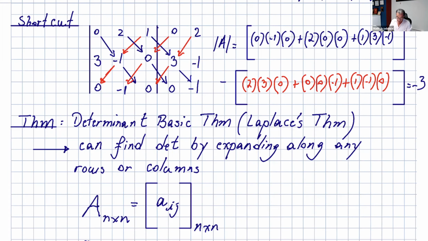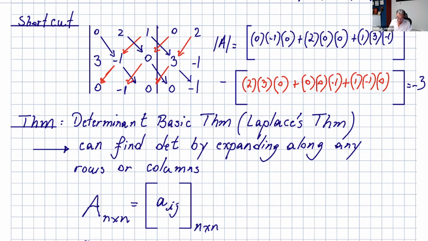Let's go over this one by one. So the determinant is going to be 0 times -1 times 0, which is right here. Then it's plus 2 times 0 times 0, which is right here. Then it's plus, again, 1 times 3 times -1, which is right here. Then you put that in a bracket, minus, then you go to the red arrows.